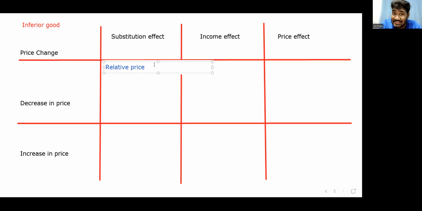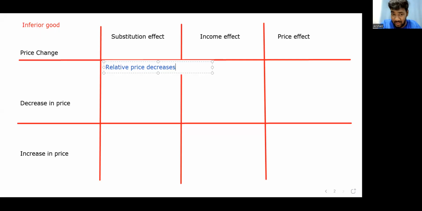Your relative price decreases, right? Don't go and say increases. Always remember that when the price of your good goes down, your good relatively becomes cheaper. Compared to the other goods, your good is now cheap. So your relative price also decreases. When the price decreases, relative price also decreases. When the price increases, relative price also increases.